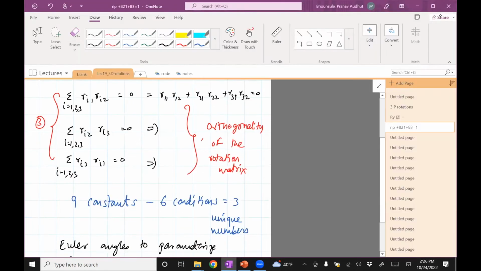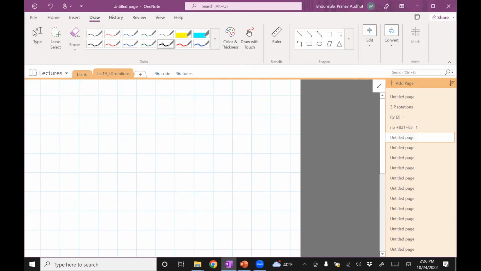And so the way we choose these is as follows. Euler angles, the set of 3 angles. You can choose them to be rotation about the x-axis followed by y-axis and then z-axis. If you do this sequence of rotations, you can represent any rotation.